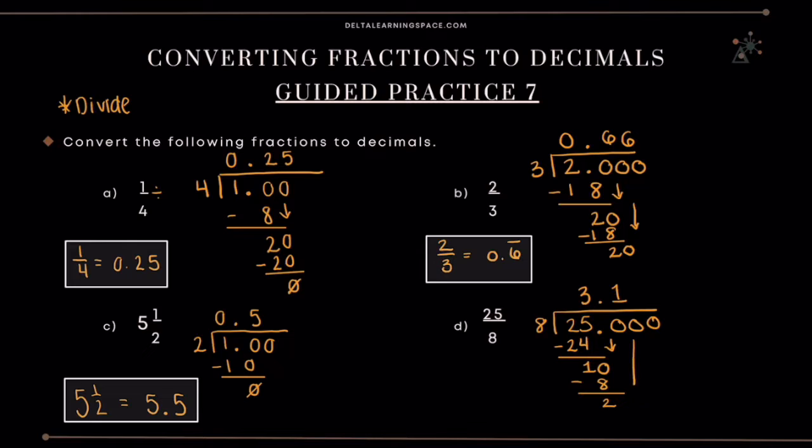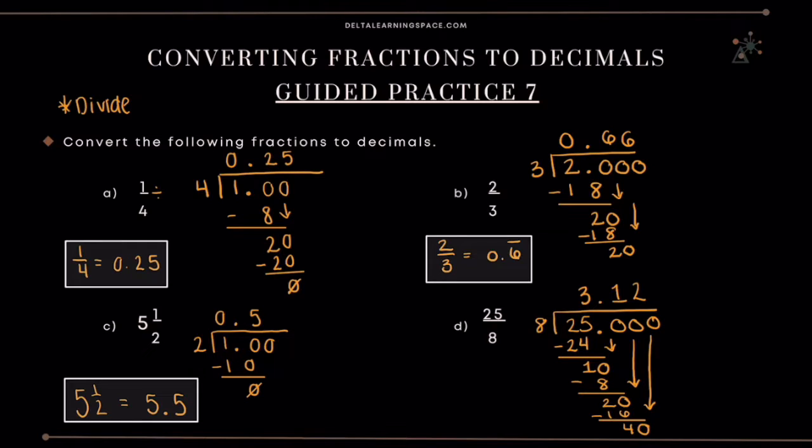I can continue to drop down these zeros. 8 can go into 20 twice. 8 times 2 is 16. 20 minus 16 is 4. Drop down a 0, and I'm running out of space here.